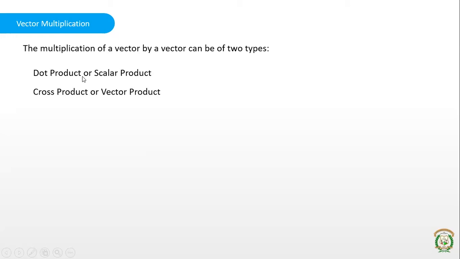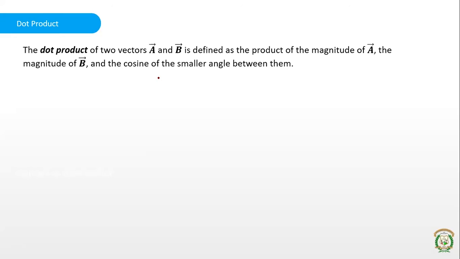In that case, we call it the cross product, because the operator that we use is the cross operator. In the dot product, we are multiplying two vectors, but the result is a scalar quantity. In the cross product, we are multiplying two vectors, and the result will be another vector quantity. So how can multiplication of two vectors result in a scalar? We will see that in the dot product.